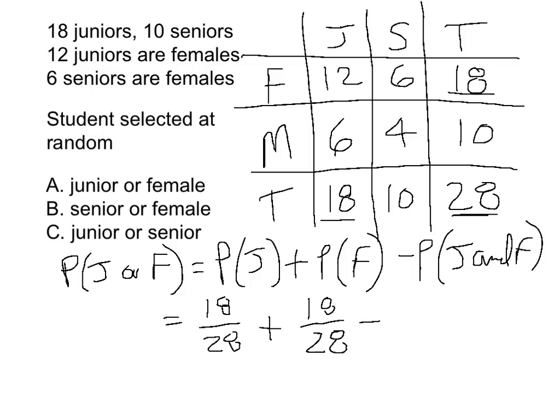So there are 12 that have both of those attributes. So 12 out of 28. And we have to do that because they're counted in there twice, once with the juniors and then again with the females. So we have 36 minus 12 is 24 out of 28.